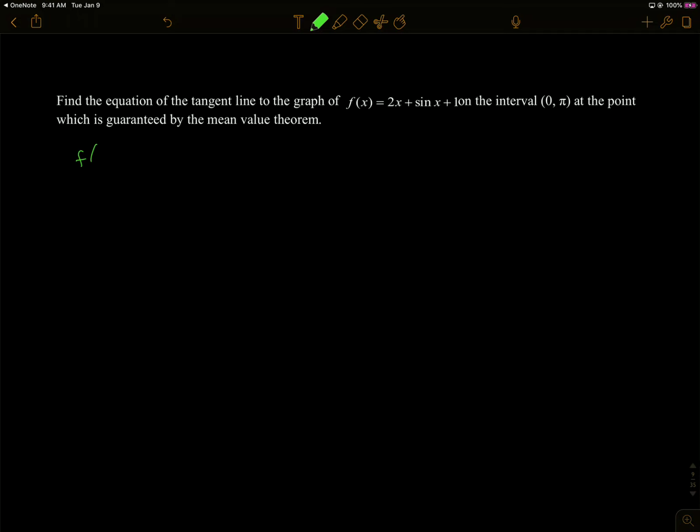So if I do f of 0, I get 2 times 0 plus sine of 0 plus 1. I'm getting 1. And then f of pi, I'm getting 2 pi plus sine of pi, which is 0, plus 1. So I'm getting 2 pi plus 1.